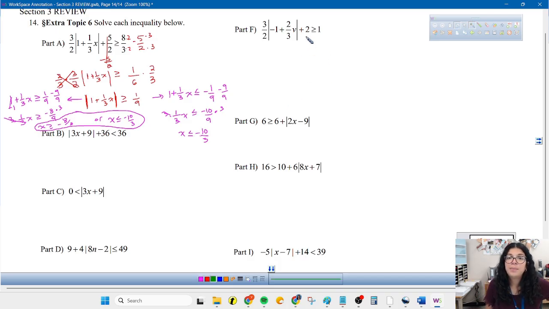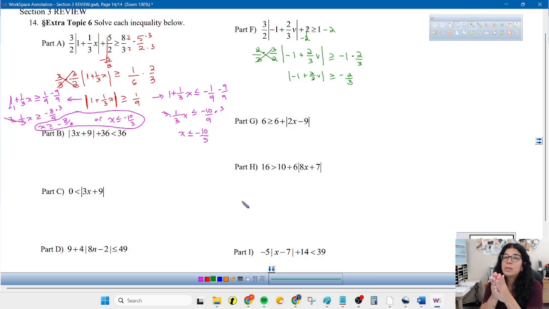Part F, again, we're going to start by isolating the absolute value. So subtract 2 on both sides. Then multiply by 2/3. So now we have the absolute value is greater than or equal to negative 2/3.